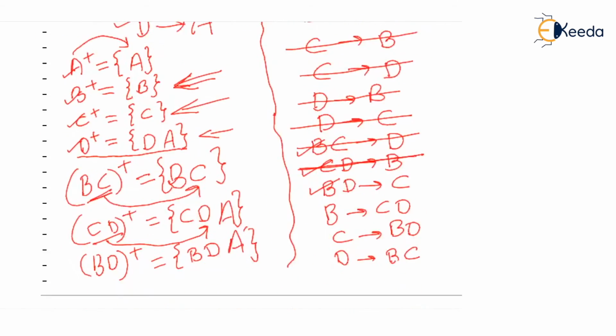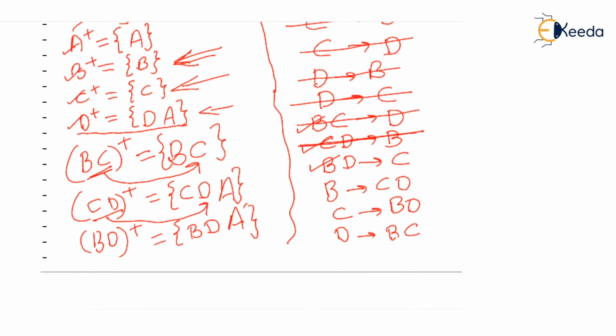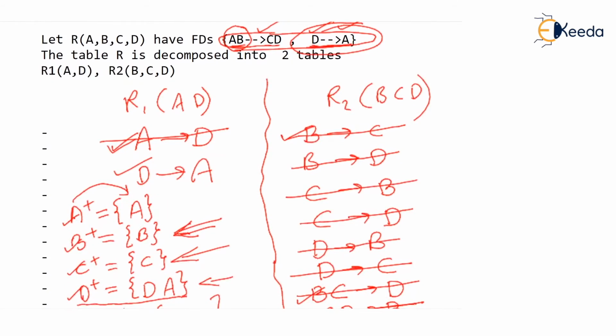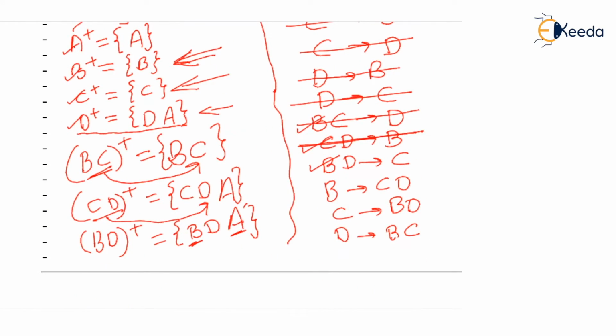BD closure contains B and A, and using our original FD set, AB is on the left hand side. It will bring in CD. So C also will be part of this closure. That means BD has the ability to determine C. So this dependency, which I am again ticking here, is satisfied.